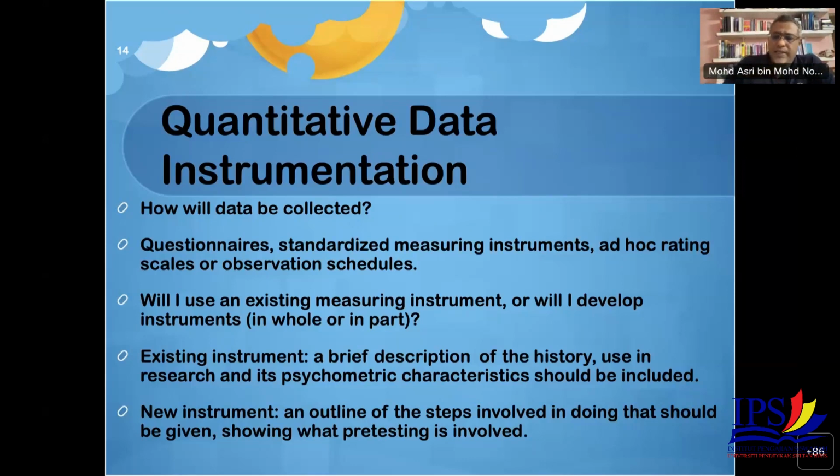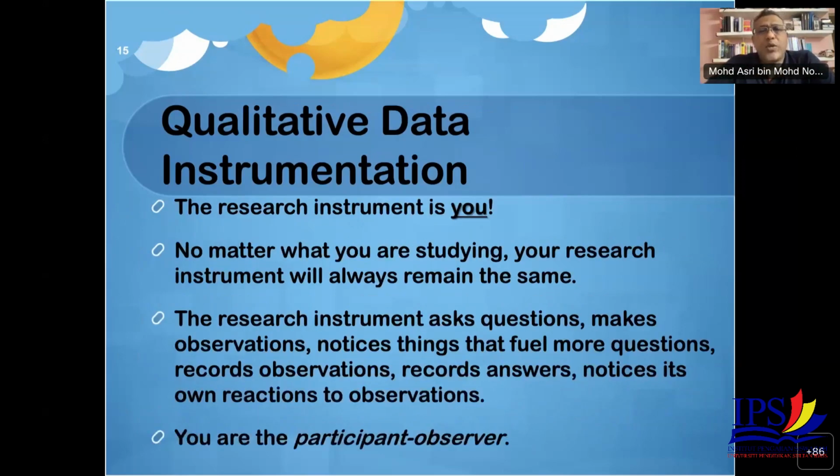All right. However, if you're doing qualitative research, then the instrument is different, because the instrument is you, the researcher, because you are going to observe, you are going to interview, you will be writing. So the research instrument in qualitative is different, it's you.